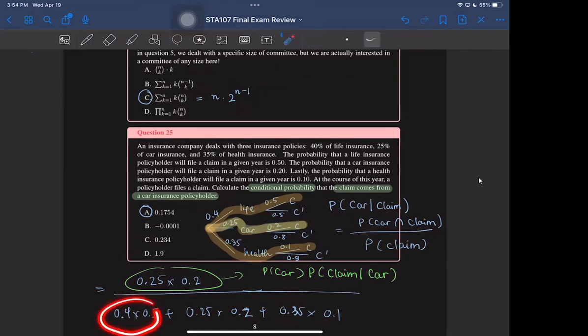And you should also explain the meaning of each of the numbers here as well. From this step, you should go to this step and then go to the plug-in number step.